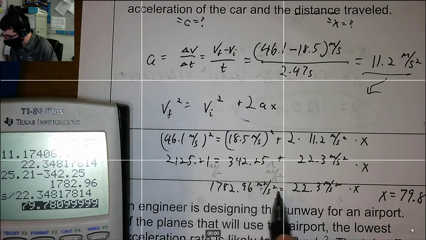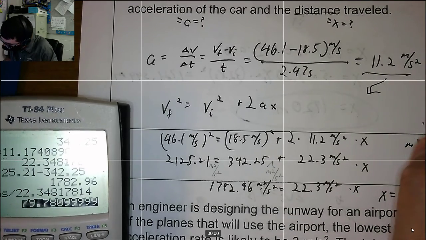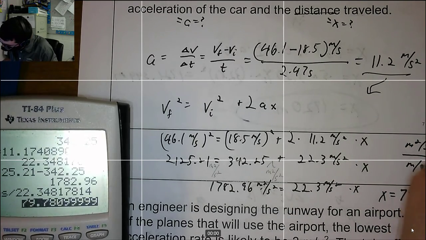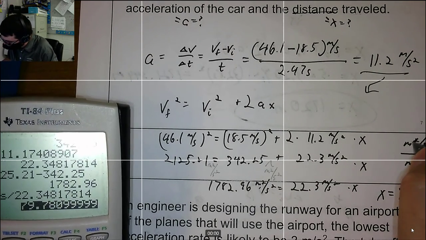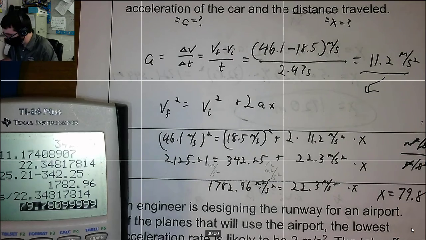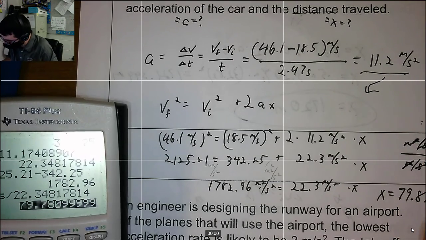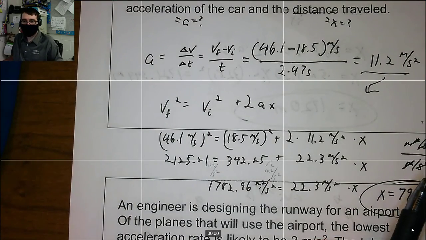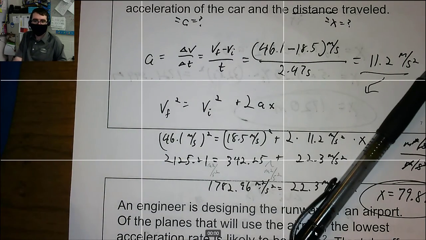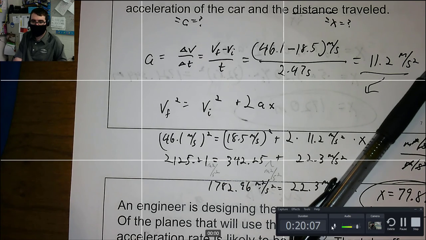And meters squared per second squared divided by meters per second squared. You'll hopefully notice that obviously the seconds cancel out and the meter in the denominator cancels out with the squared, and we're left with just meters, which makes sense for a distance. Anyway, that is it. Be sure to let me know if you have any questions.